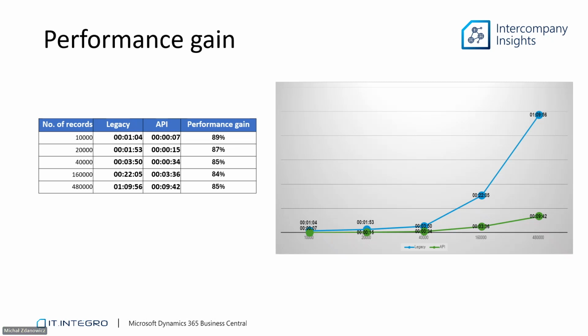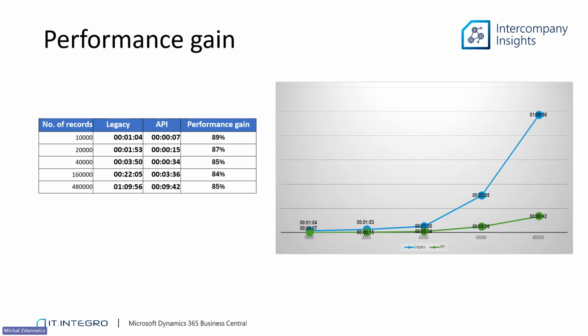Some data for this: we were testing how the performance gain changes, but at the end grows with the number of records. So if we get 10,000 records, we have reduced the time of getting the data from 1 minute to just a few seconds.